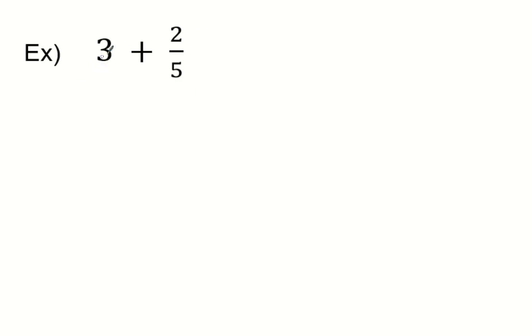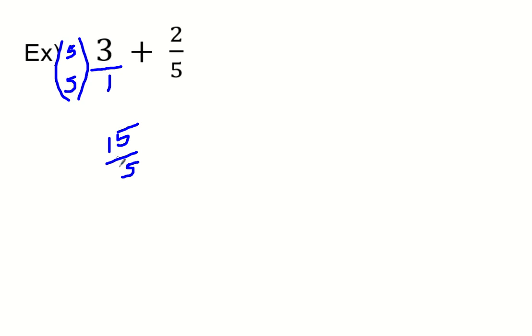Remember, when you're adding a fraction to an integer, you can turn that into a fraction by just putting it like 3 over 1. 3 over 1 is the same as 3. So now it's a fraction, and so now you can make them have common denominators by multiplying by 5. Now it's going to be 15/5. So 15/5, that's 3.